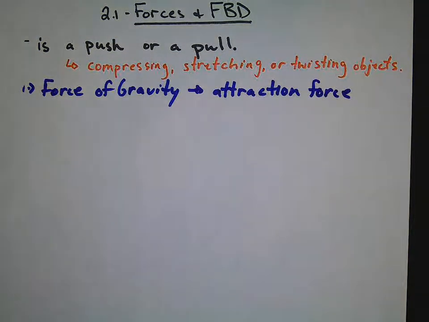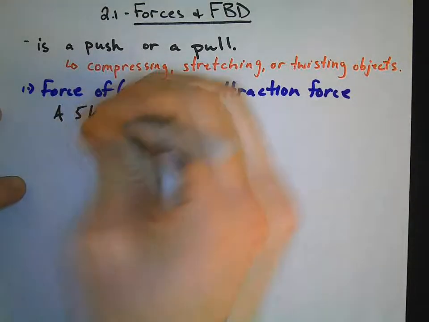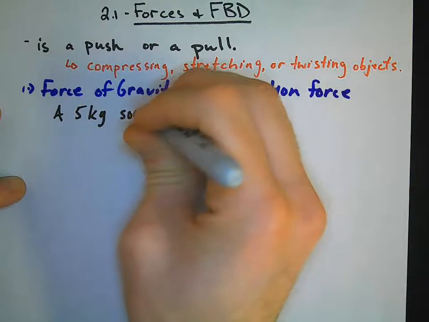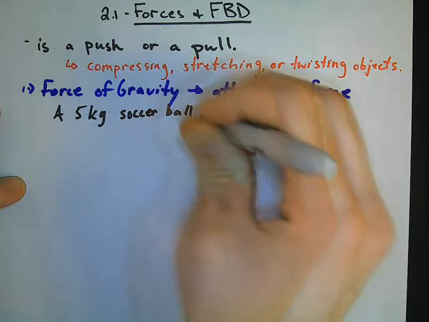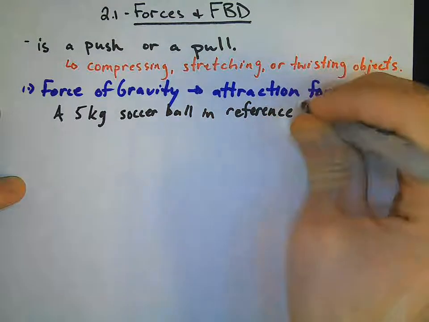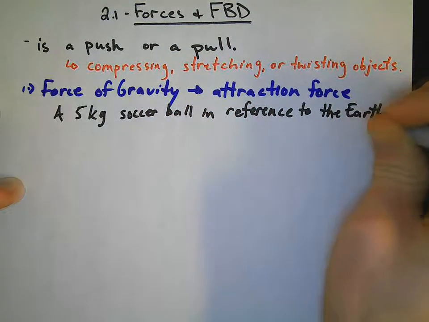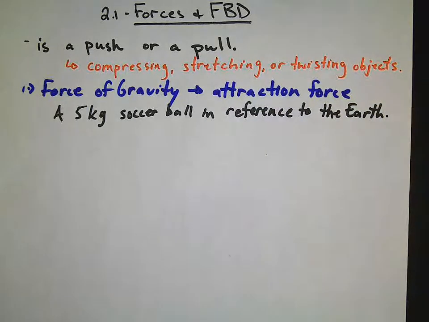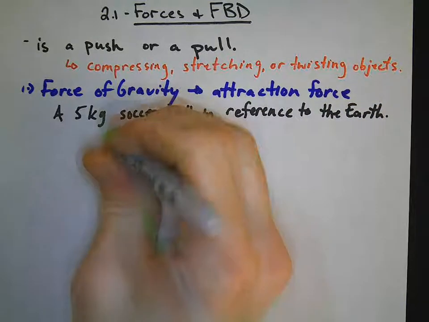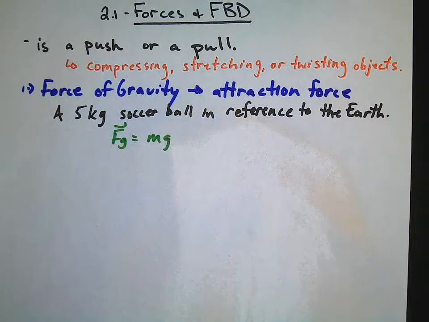If we have a 5 kilogram soccer ball in reference to the Earth, we can calculate the force of gravity by m, the mass, multiplied by the acceleration due to gravity.